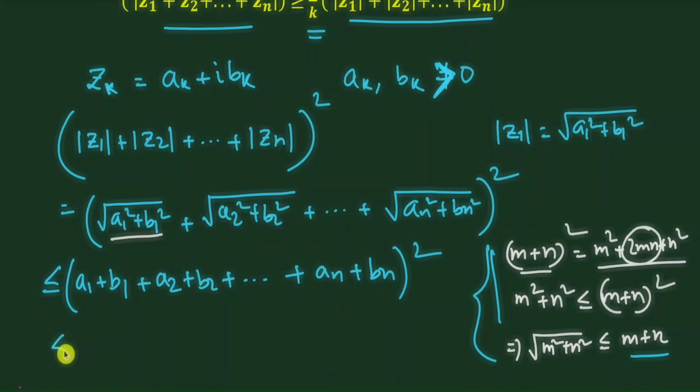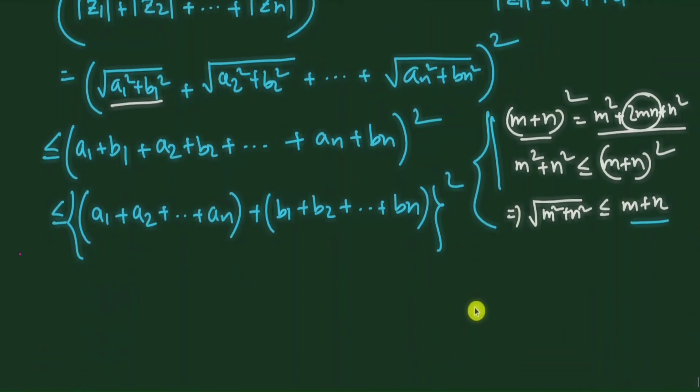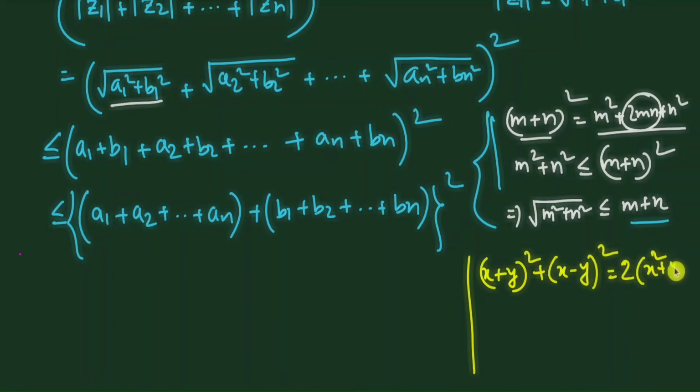So this is equal to a1 plus a2 plus dot dot plus an plus b1 plus b2 plus bn whole square. Now again you can write the following, the class 6 or 7 formula: x plus y whole square plus x minus y whole square is equal to 2 of x square plus y square.